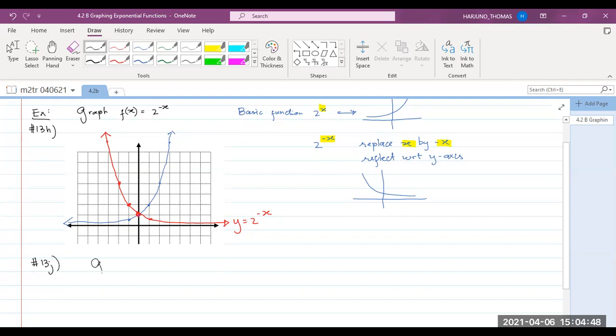it is graph f(x) equals 2 to the 3 minus x. Now, what will that be?